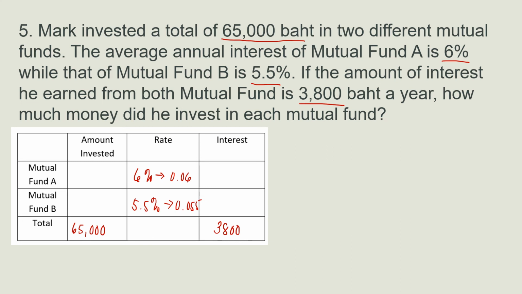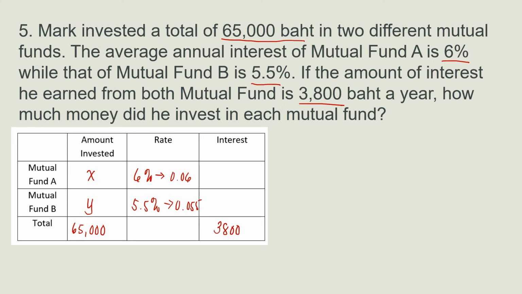Now, we don't know how much is invested for mutual fund A and for mutual fund B. So those will be our variables. For mutual fund A, let's use x, and for mutual fund B, let's use y. To get the interest earned for mutual fund A, all you need to do is multiply the amount invested by its rate.